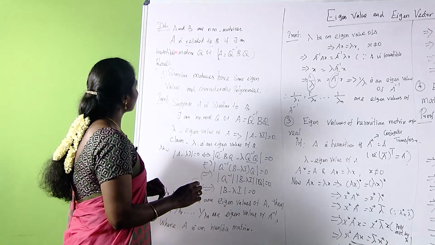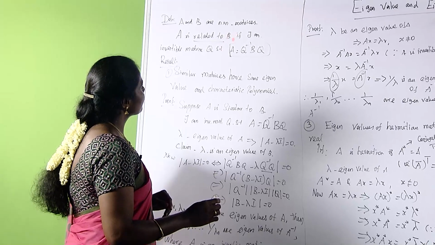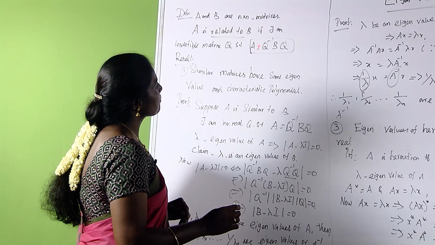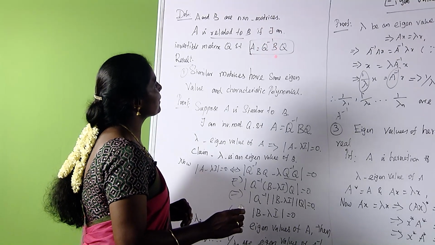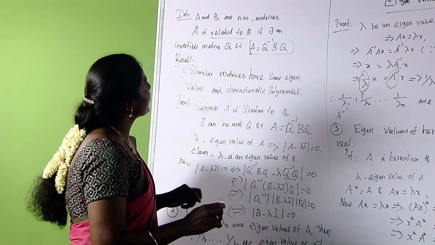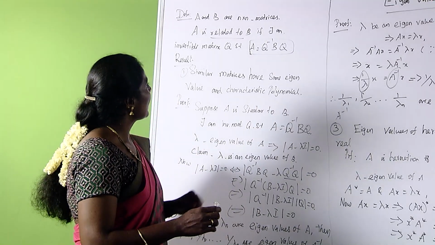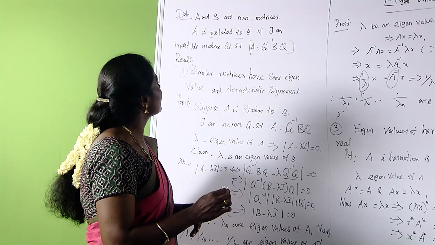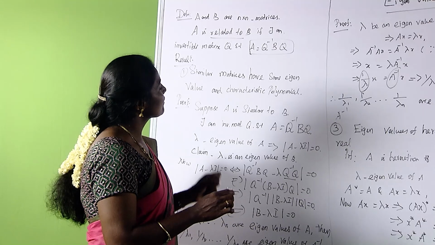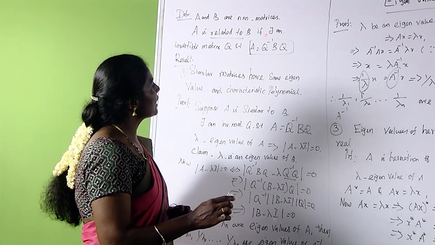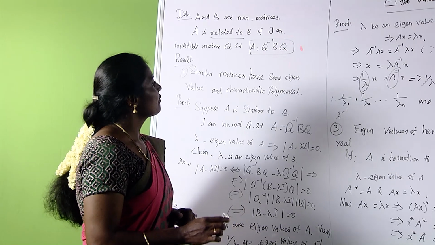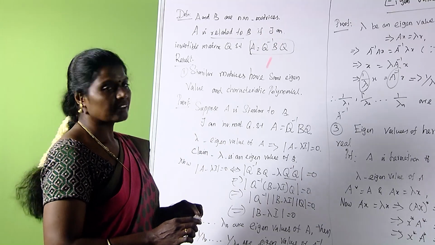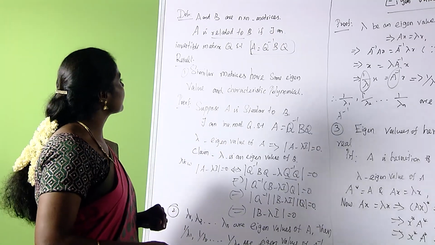The matrix A is related to B if there exists an invertible matrix Q such that A can be written as Q inverse B Q. So, we have to find an invertible matrix Q with the prescribed condition A equal to Q inverse B Q. When we identify the invertible matrix Q with this condition, we can say that A and B are related.